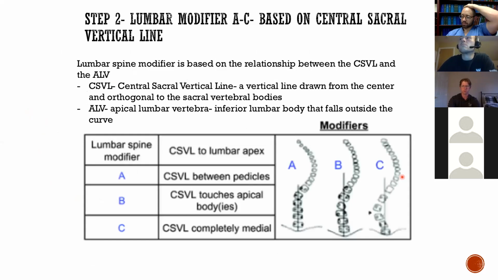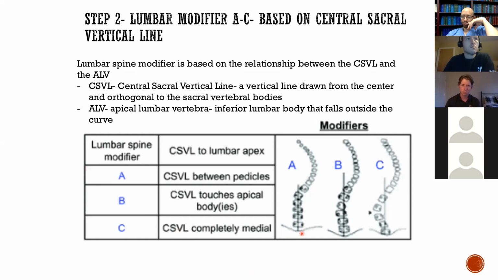After you have your curve defined, you have to look at your lumbar modifier. Basically, you draw the CSVL, the central sacral vertical line, a line coming straight up from the sacral vertebra. The modifiers A, B, and C are based on how displaced the apical lumbar vertebra is, which is the lowermost lumbar body that falls outside of your curve.